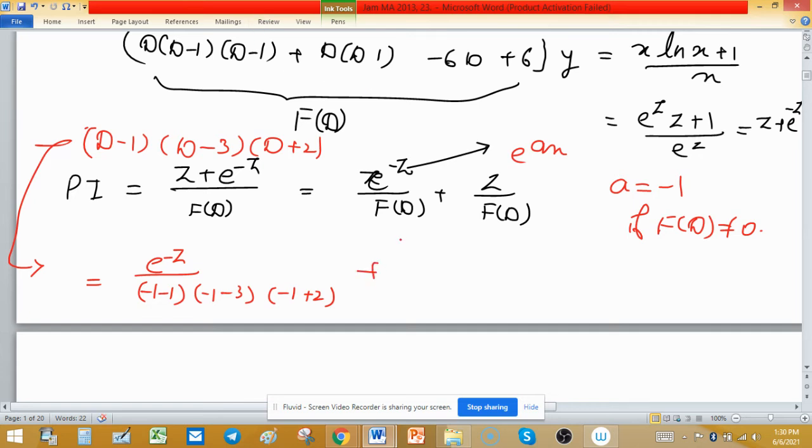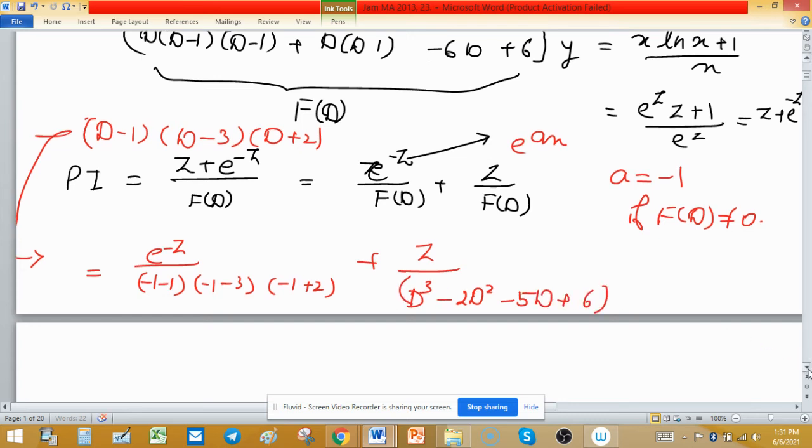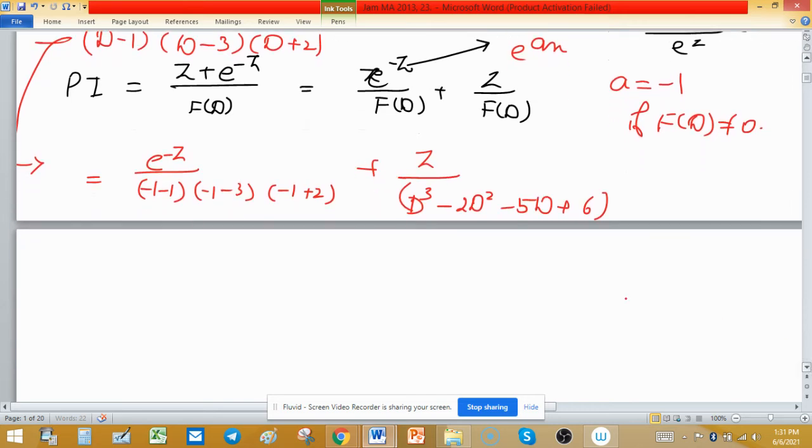There is no calculation. So z upon f(D) is, use expanded form. It can be D cube minus 2D square minus 5D plus 6. This is f(D) in expanded form.